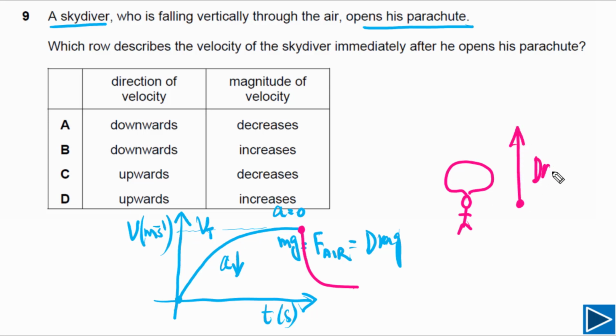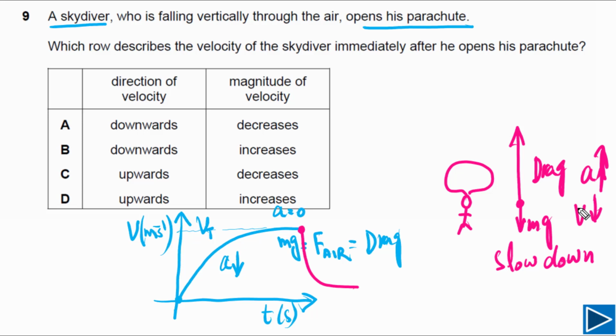This one is the drag, so this will increase, but weight remains the same. So now acceleration is upwards, but the skydiver is still falling down, velocity is still down. In this case, the skydiver will slow down. Its direction is still downwards. So the direction of velocity is still downwards, but the magnitude of velocity decreases. That's the reason the answer is A.